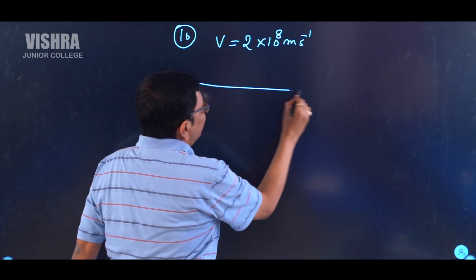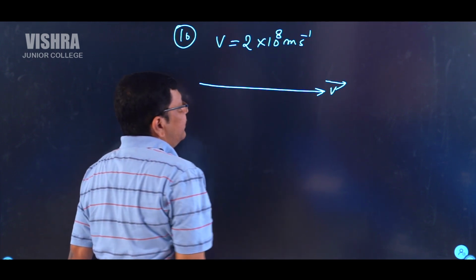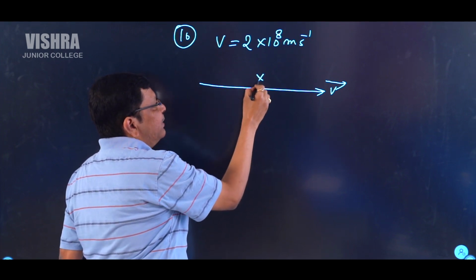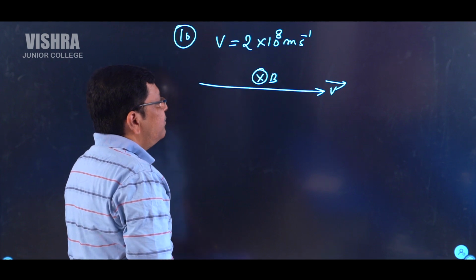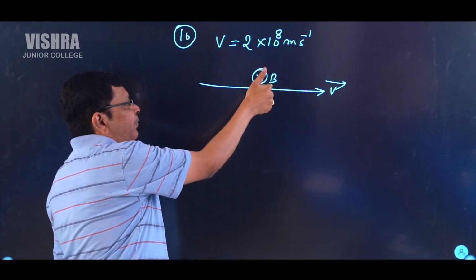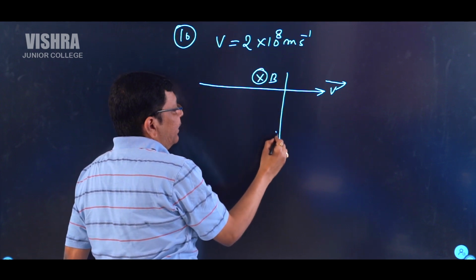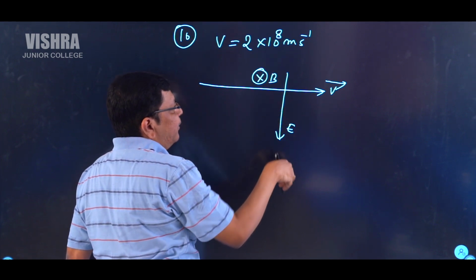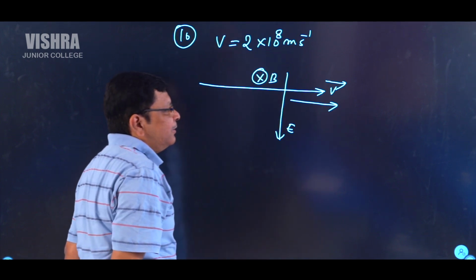That means this proton is going with constant velocity, both magnitude and direction constant. This is possible if the magnetic field is inside, which will apply force qv cross B on the proton in the upward direction, and a vertically downward electric field will apply force downward. If the net force is 0, then it will go with constant velocity.